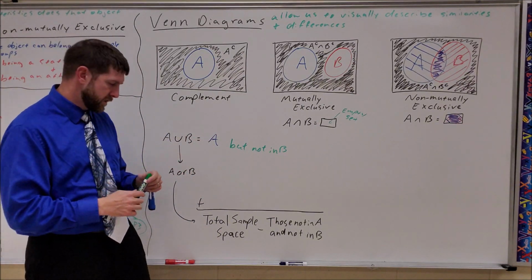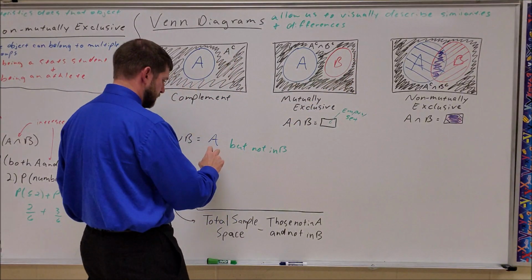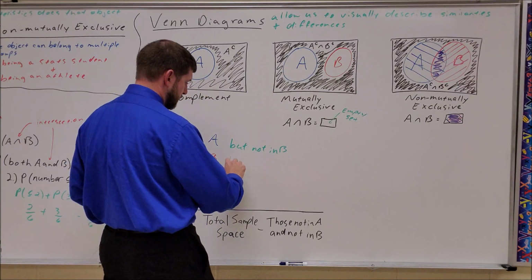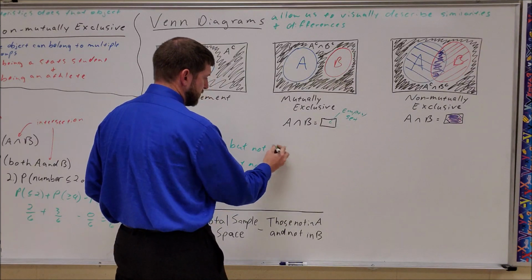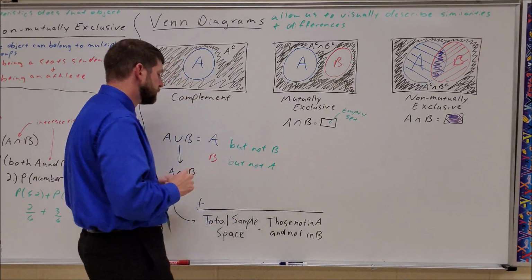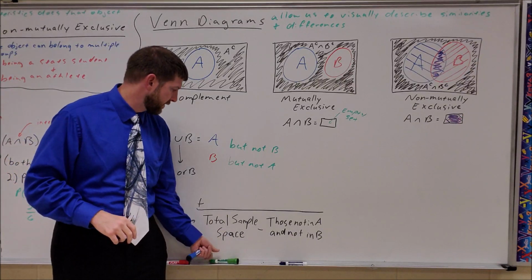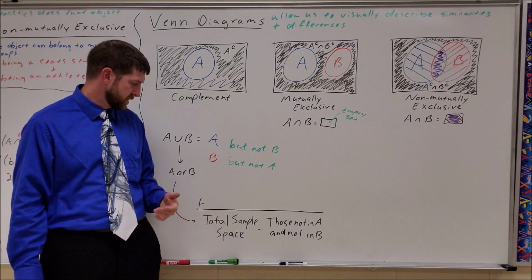Well, what are some other successes? What if I have things that are in just B, but not A? Those would also be considered successes. So anybody that's in A alone, successful. Anything that's in B alone, successful.